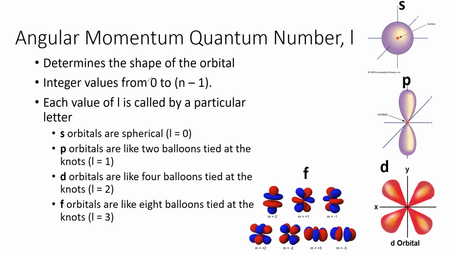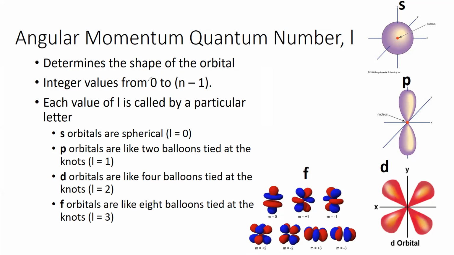So our second quantum number is called angular momentum, and it gets the variable L. This will tell us where the electron is around the nucleus.